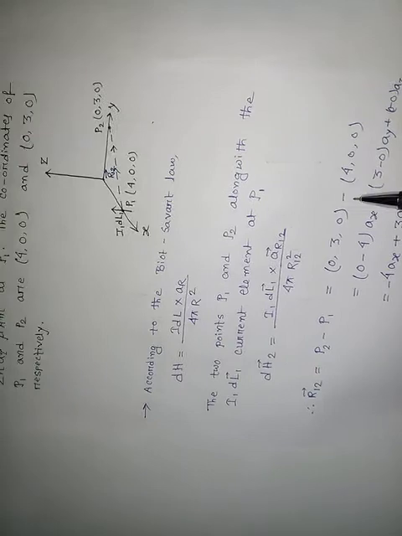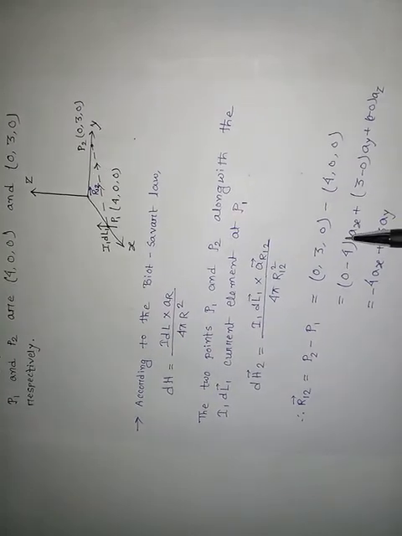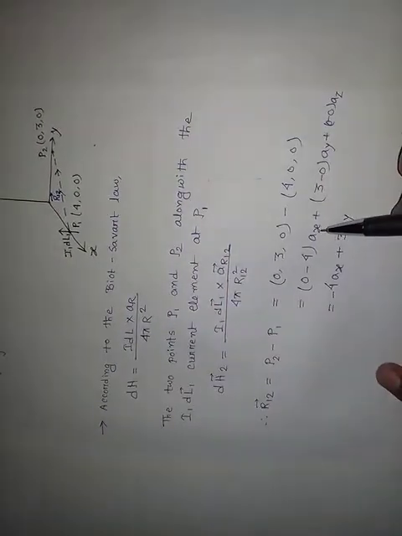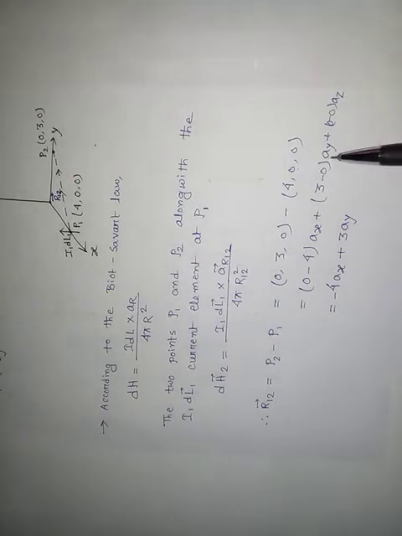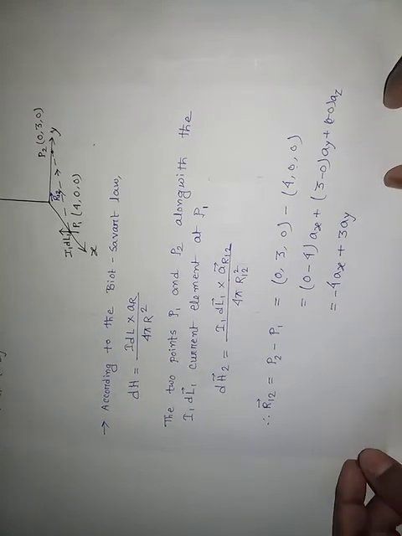So our final coordinates are this and initial coordinates are this. Final minus initial: 0 minus 4 along ax, 3 minus 0 along ay, and 0 minus 0 along az. So our answer is minus 4 ax plus 3 ay.